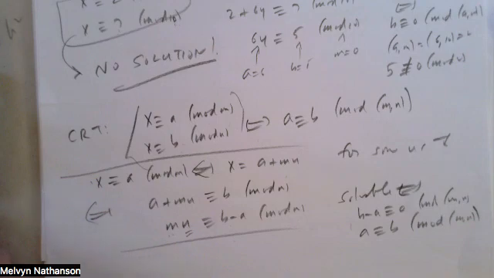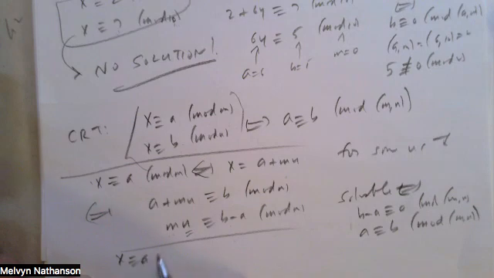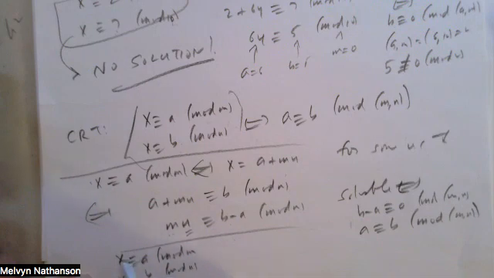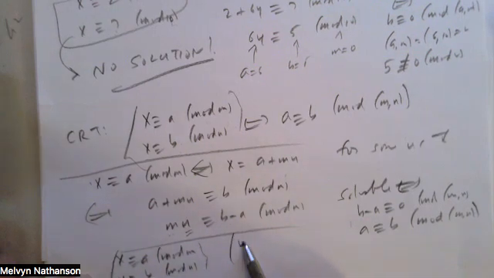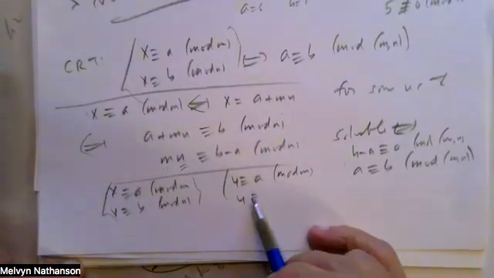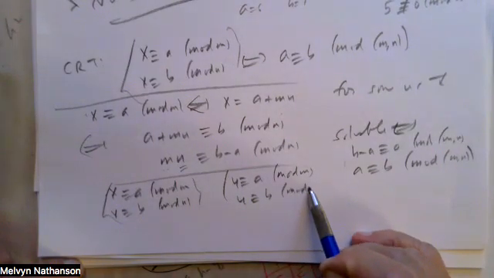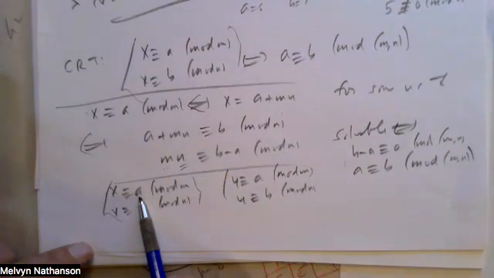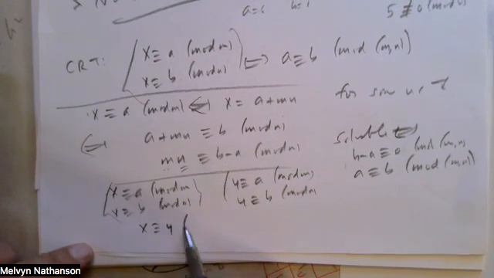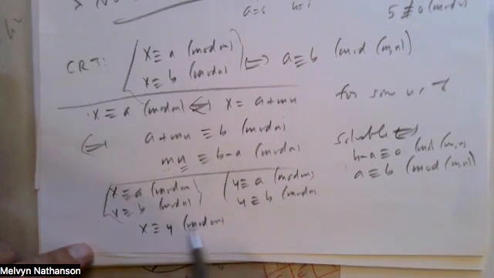And I can go on from there and we can observe the following. Suppose x is congruent to a mod m and x is congruent to b mod n. And we have another solution, y congruent to a mod m and y congruent to b mod n. So if x is congruent to a and y is congruent to a, x is congruent to y mod m.